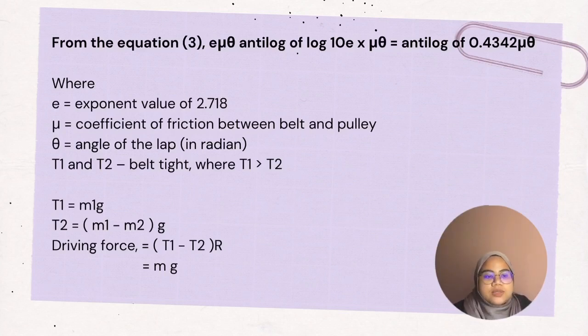T1 and T2 are the belt tensions, where T1 is greater than T2. So T1 is equal to M1 g, T2 is equal to M1 minus M2 times g, and the driving force is equal to T1 minus T2 times R, which is basically the driving force equal to Mg.